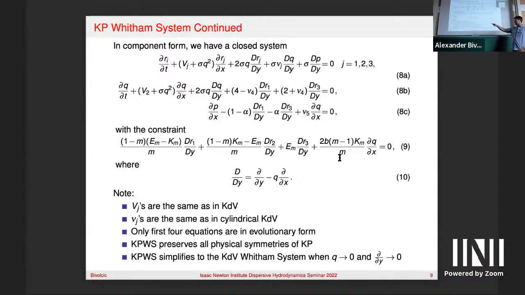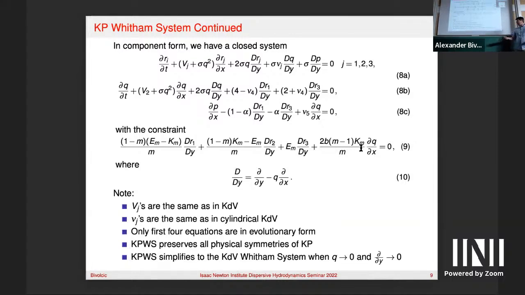The uppercase V's are the characteristic velocities from KDV. The n's are from cylindrical KDV. And it's worth noting, the first 4 equations are in evolutionary form. And then the 5th one is kind of like a constraint, as well as our curl-free compatibility condition from earlier.